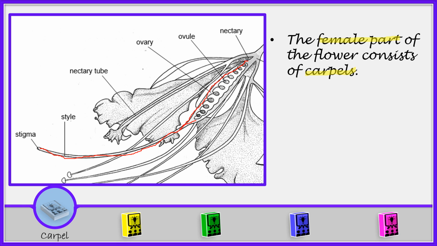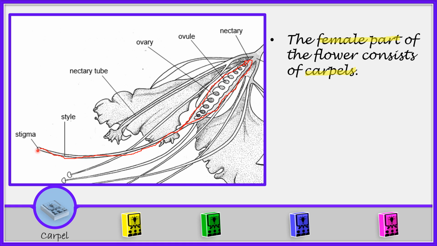But at the lower part here is what we are calling the carpel. The carpel contains the style which connects to the stigma. That one is the female part of the flower.